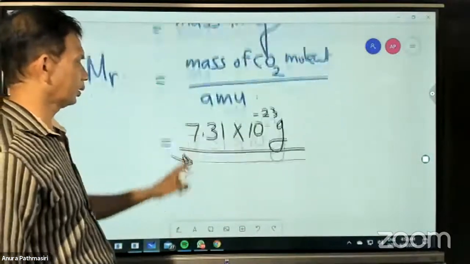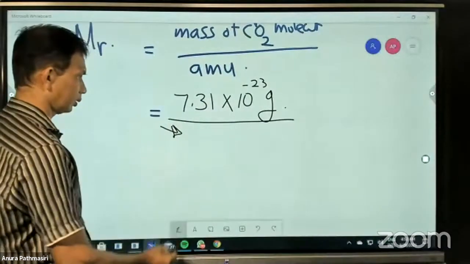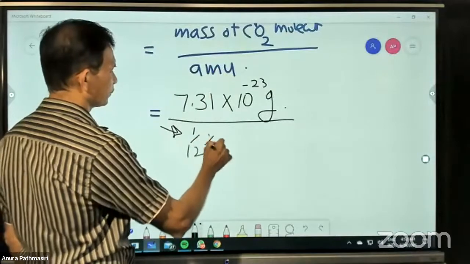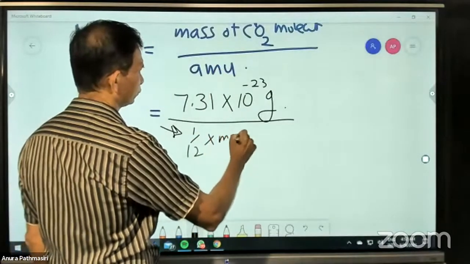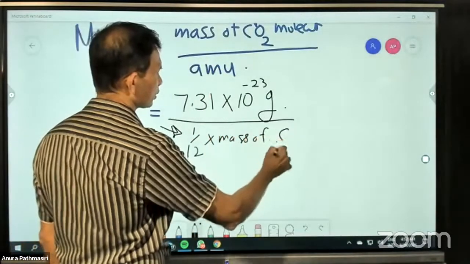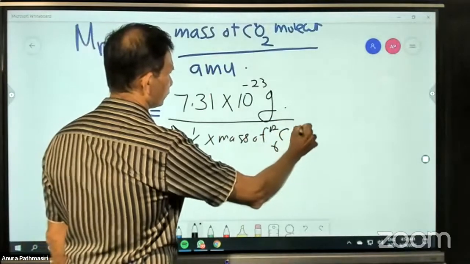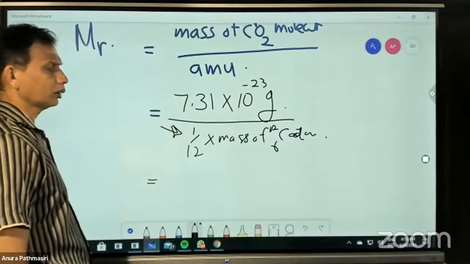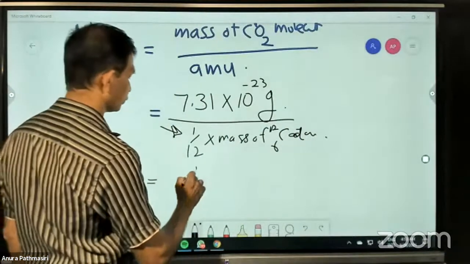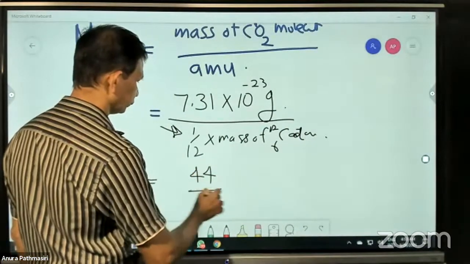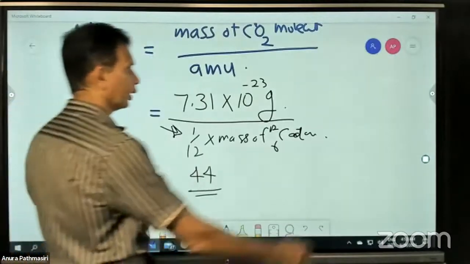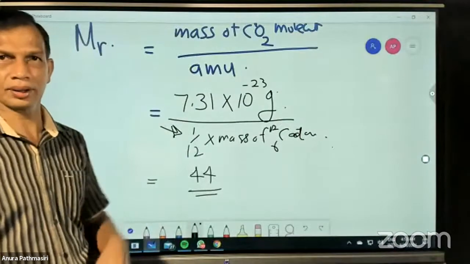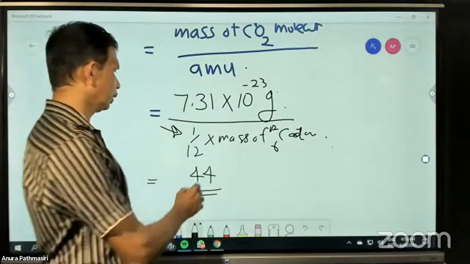Anything you can write here, AMU, or 1 over 12 times the mass of a C-12 isotope atom. And the final calculation, you can have 44. There is no gram because gram to gram cuts off, it's a relative value. So you can have 44.